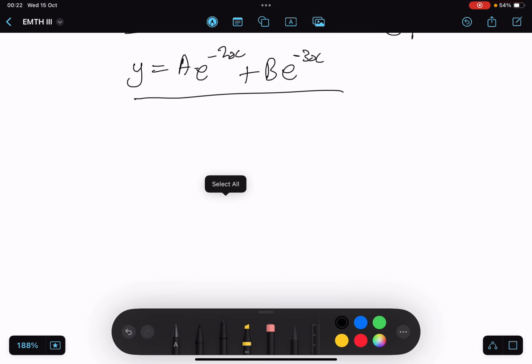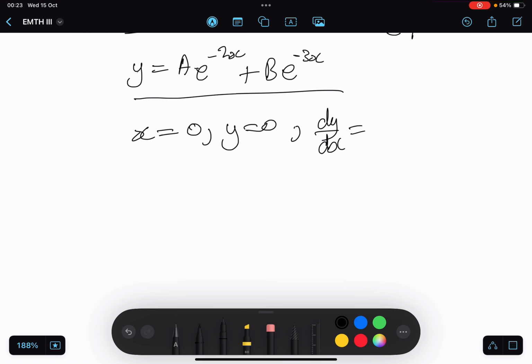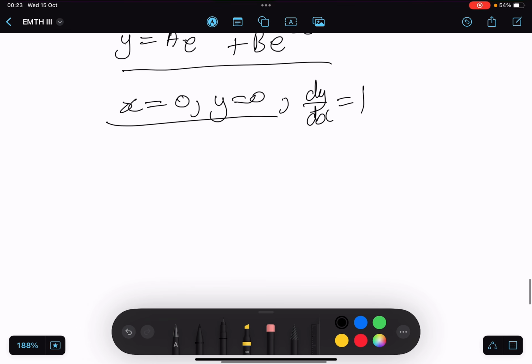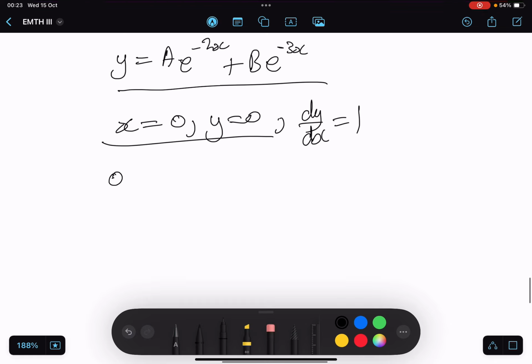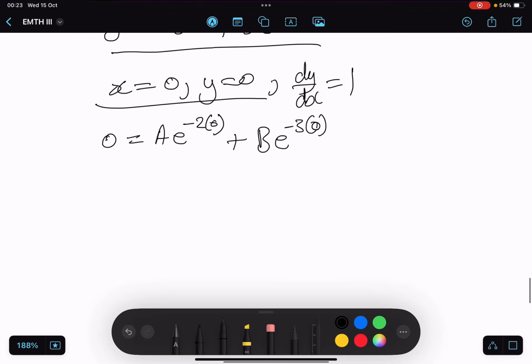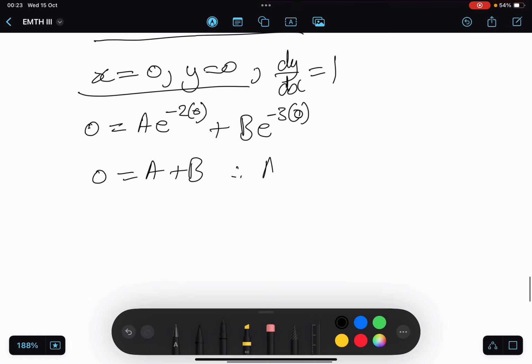So let's apply these first. y = 0 gives 0 = a e^(-2·0) + b e^(-3·0). So from here you have 0 = a + b. Therefore we can see that a = -b.